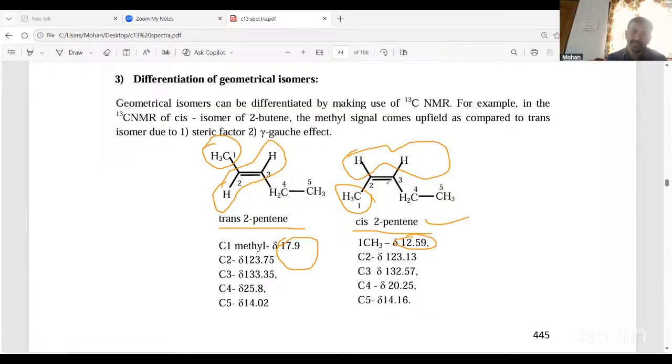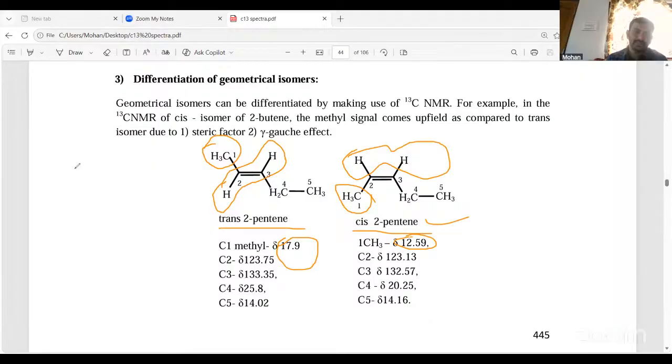In this trans configuration, you know that all these are configurational isomers. The isomers are of two types, conformational isomers and configurational isomers. This classification is based on energy. You come across this in stereochemistry in the first semester.